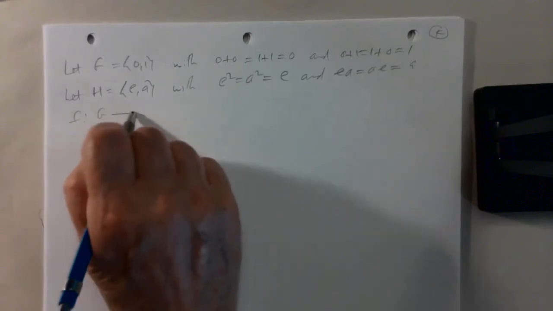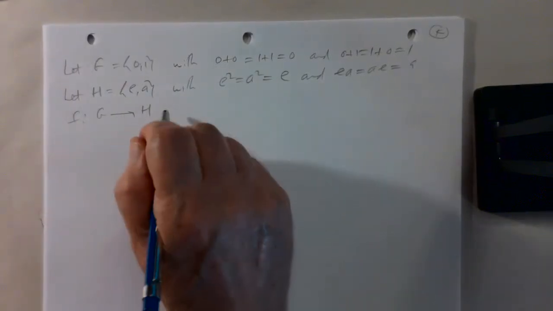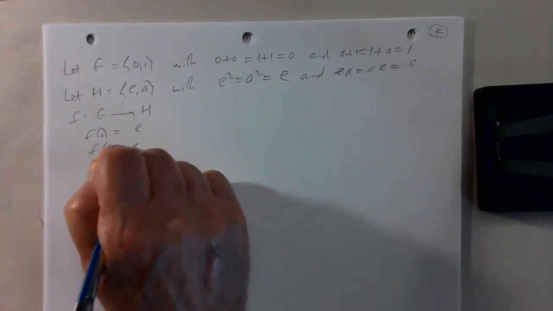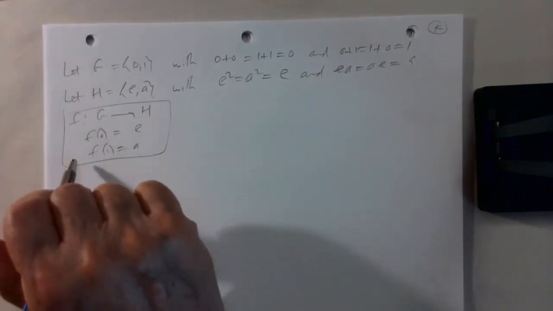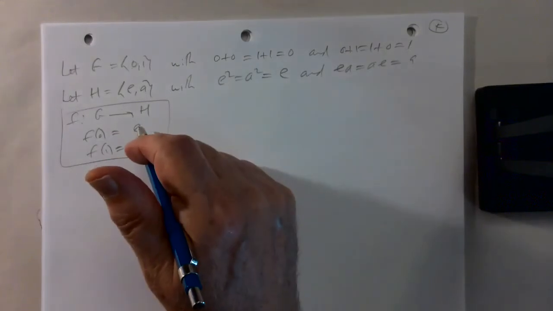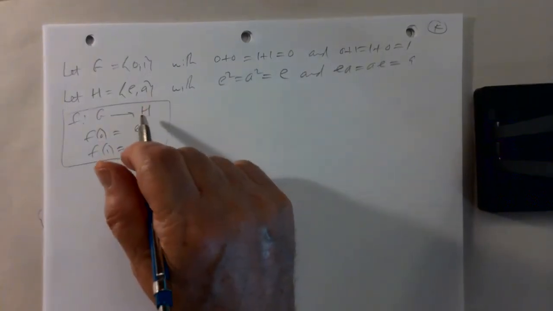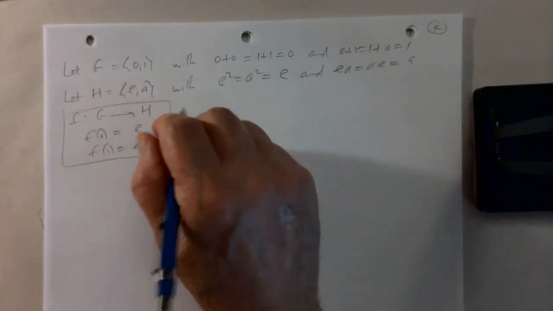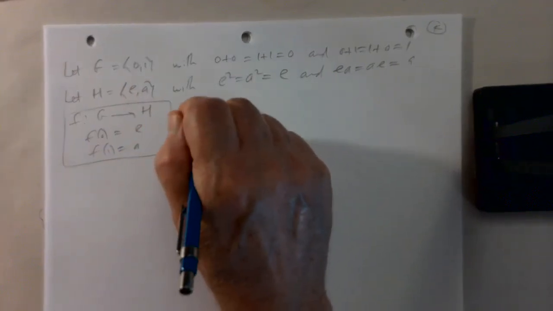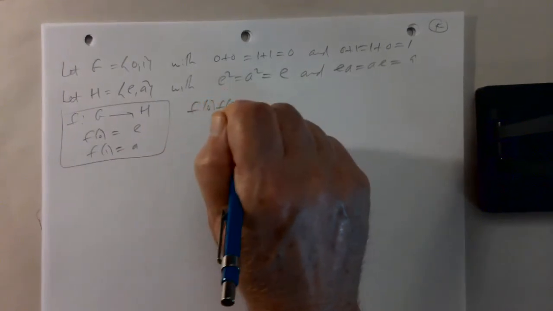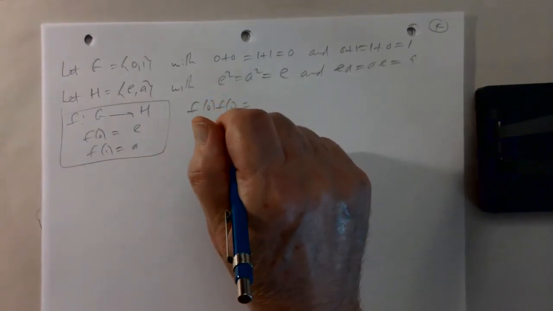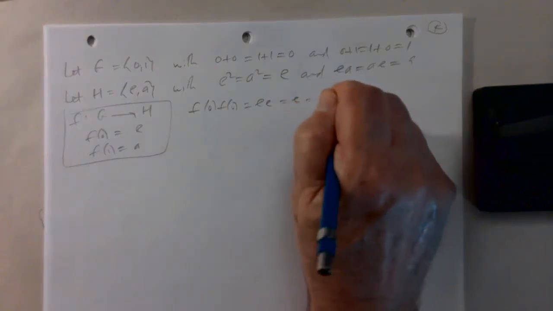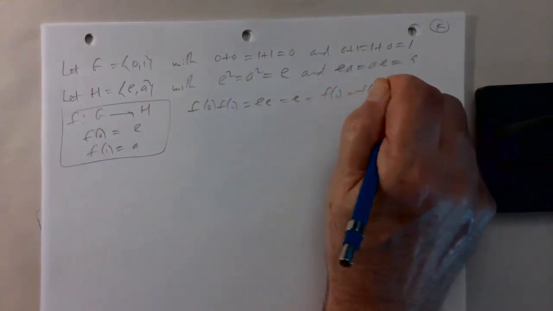But I can define a function from G to H by setting f of 0 equals E and f of 1 equals A. So that defines a function. And this is 1 to 1 and onto, the 2 elements here and 2 elements here. If we take f of 0 times f of 0, that's E times E, which is E, which is f of 0, which is f of 0 plus 0.